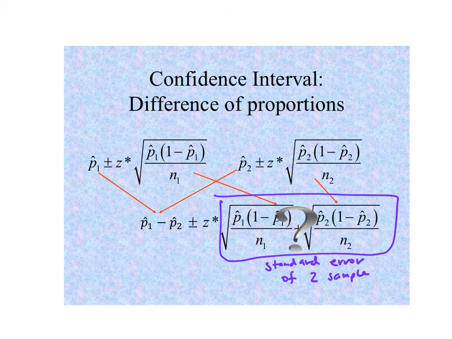So I'm going to remind you guys, remember, when we're looking for the standard deviation of 2 samples and they're adding, it's equal to the square root of the first one squared plus the second one squared, everything square rooted. Okay, so why do I mention this? Because that's what we're going to look for. We're going to look for the standard deviation of two quantities.